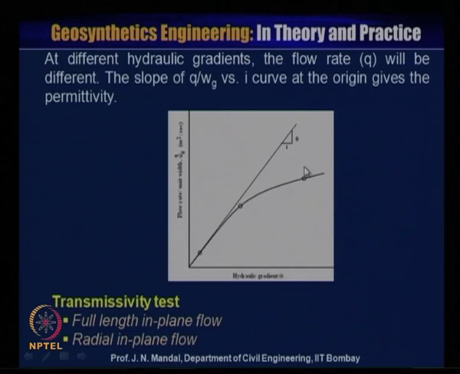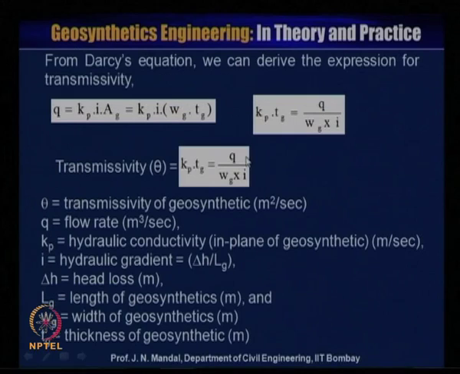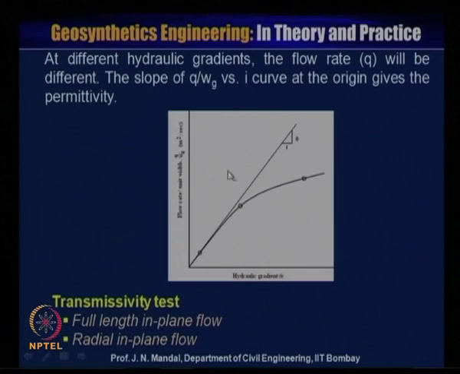So, you can see here the slope of Q by Wg versus I curve. This will give you the slope, which you call theta. So, this theta value will give you the transmittivity value.